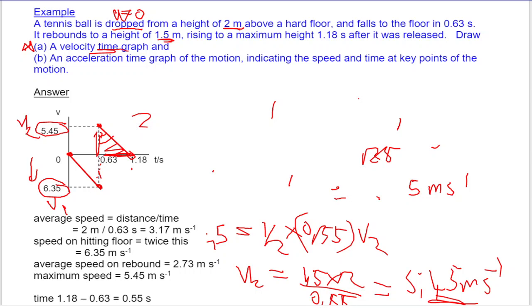Right, so if you look at this gradient over here, it is a negative gradient, so it's going to be 6.35 over 0.63. That gives you 10, so we get a value of 10, so that's going to be minus 10.